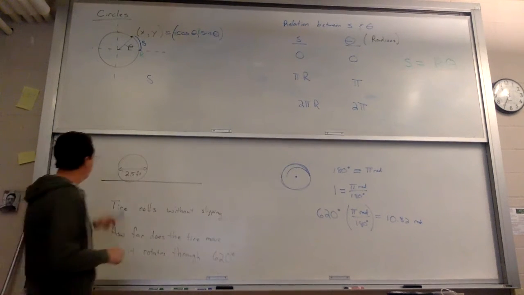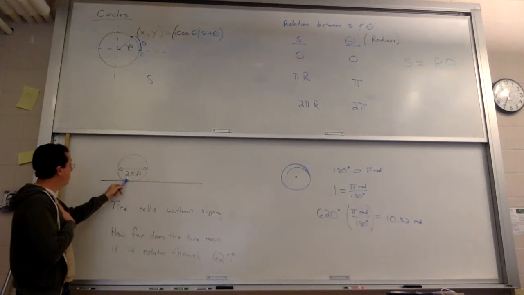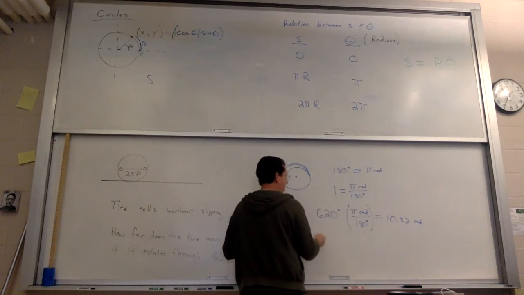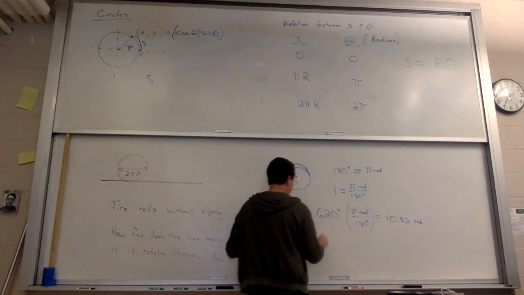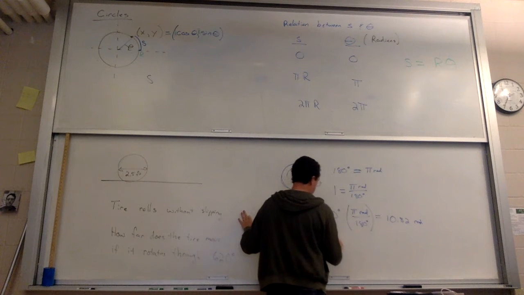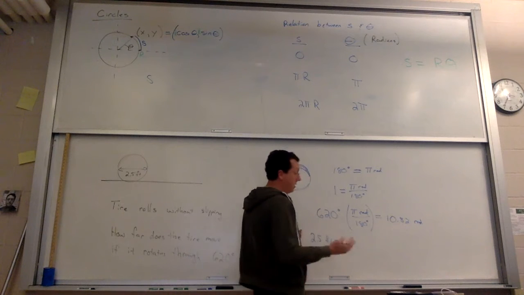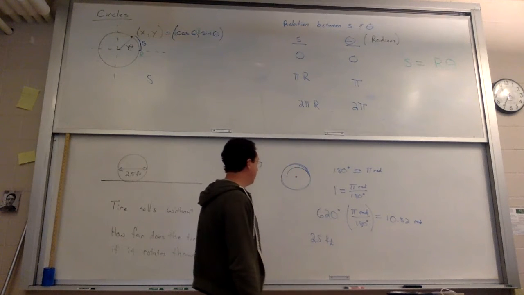Then we have to convert 2.5 feet. That's a unit conversion we've been doing. If you don't just remember things, you've got to convert feet to inches, inches to centimeters, centimeters to meters.